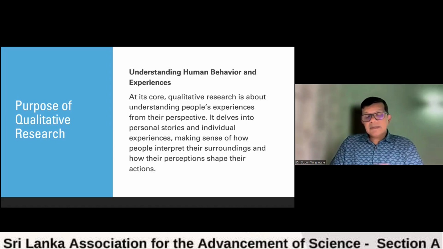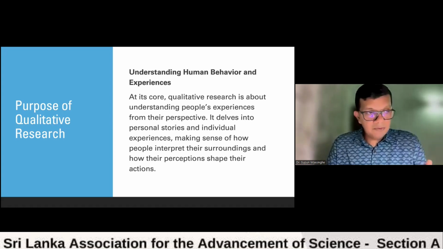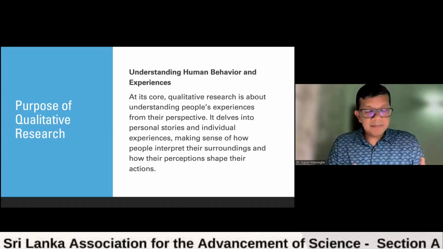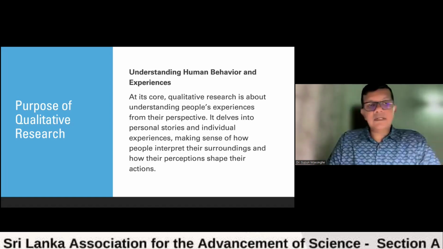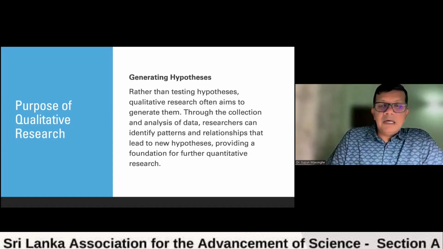So it's people's experience from their perspective. Usually, you can't capture this sort of thing in quantitative research. The personal stories of people, personal experiences, how people interpret their surroundings, how they interpret the hospital, the general practitioner, how they perceive them. So these things can be studied through qualitative research.